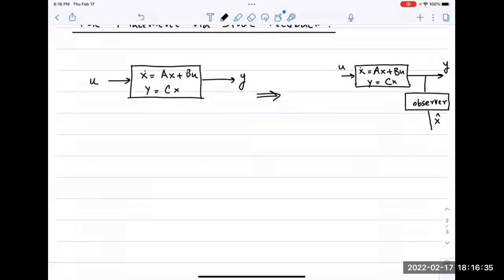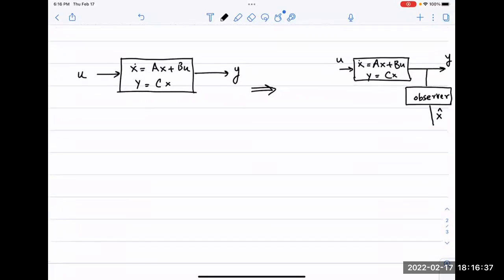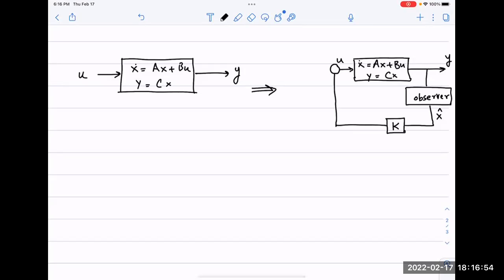If the observer is nicely designed, then x and x hat are very close. So let's say you have that state information, then you can multiply it with the gain matrix or gain vector and use it as a negative feedback. So there's a negative sign here, and this aggregator will also have a reference signal coming in.